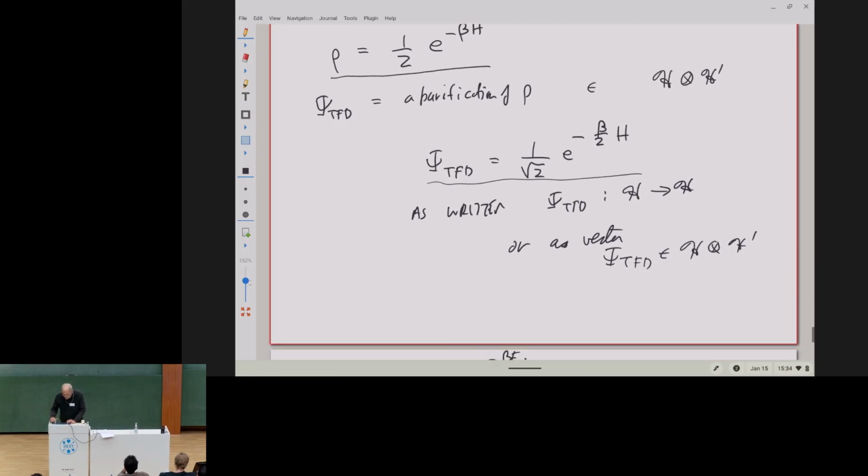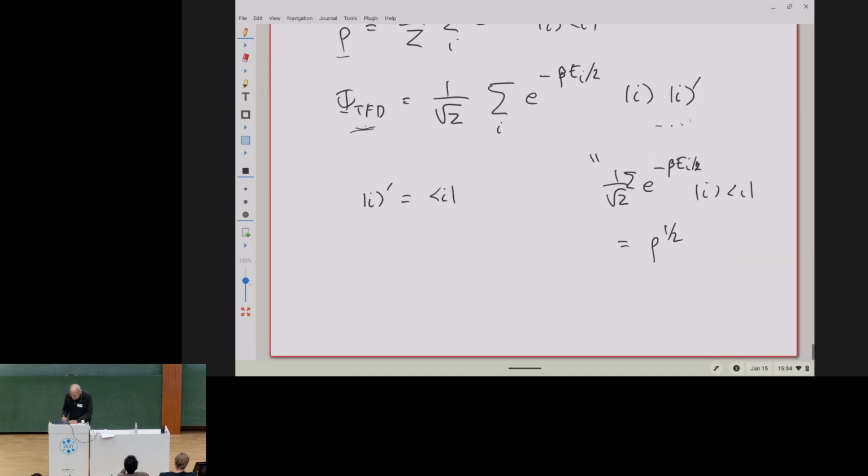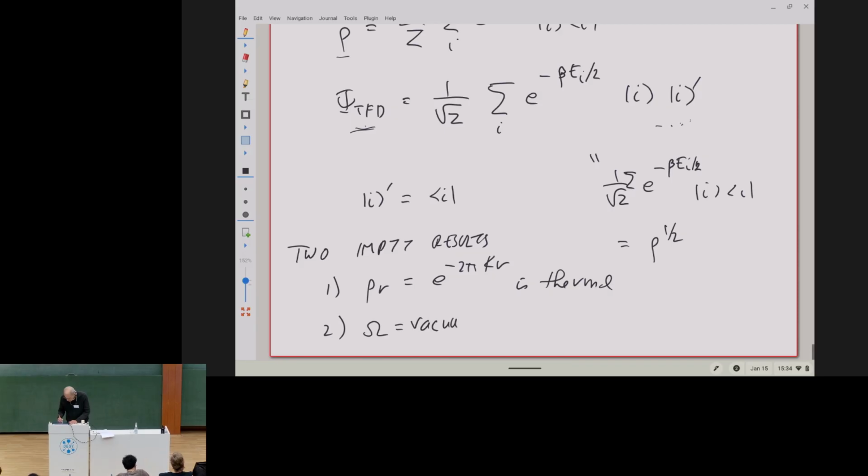So what we've discovered here, there are two important results today. One is that rho r is thermal. And the second is that the vacuum state is the thermofield double state of the density matrix rho r.